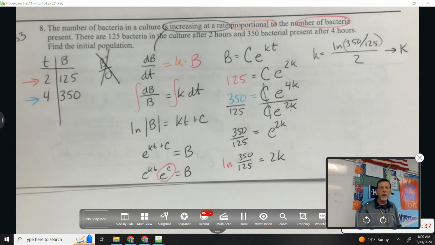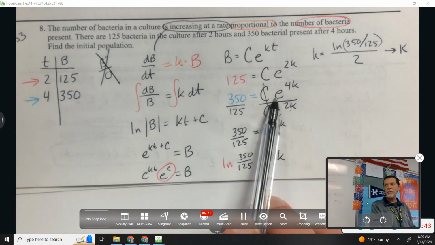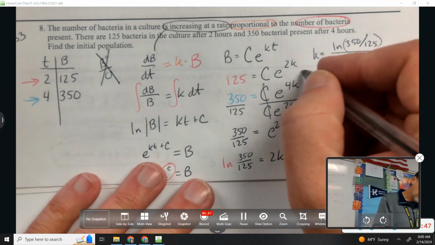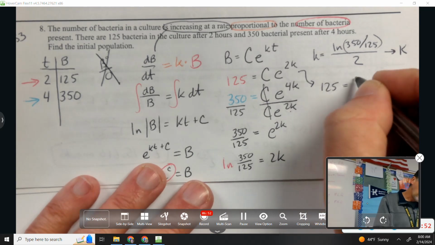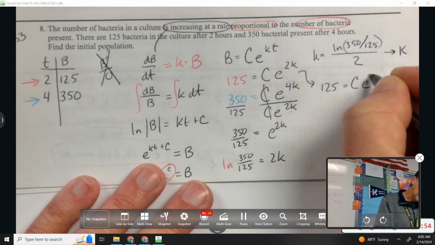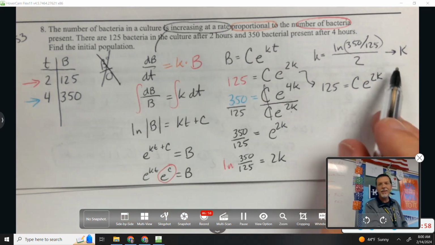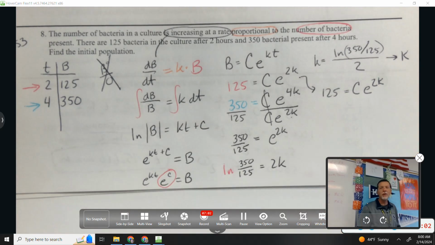Okay, now I need to go back and figure out what c is. And I've got two choices. It doesn't matter. Either one will tell me the same c if I did this right. So probably the smaller one would be easier to work with. So 125 equals c e to the 2k. But k isn't unknown anymore. k is whatever, 0.51, but it's in my calculator. I know what it is.